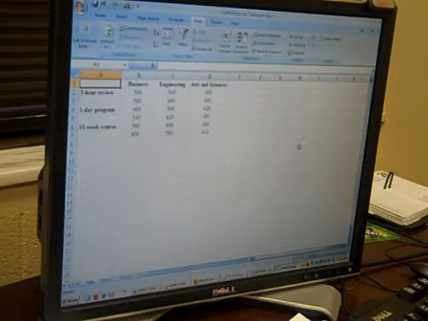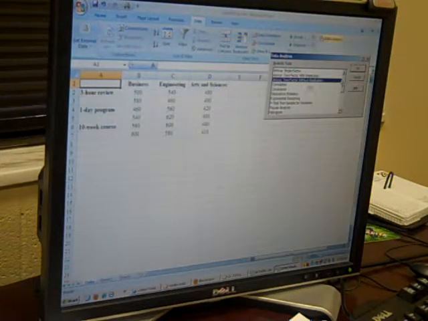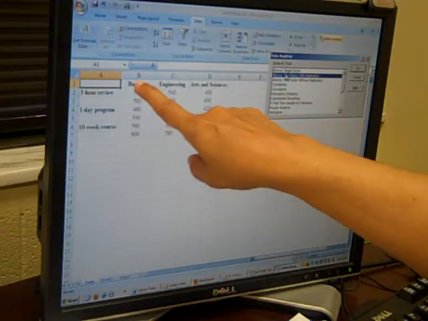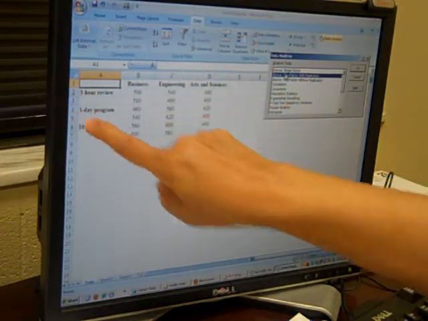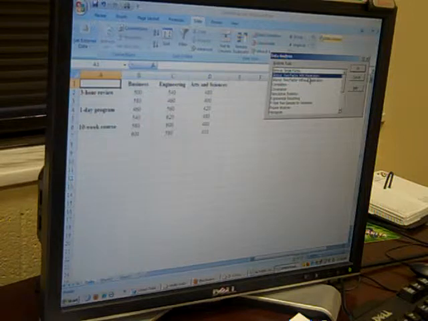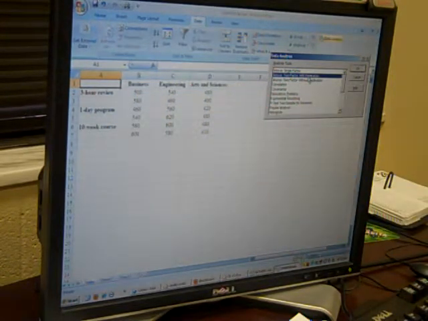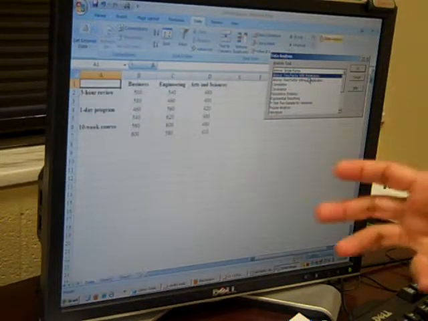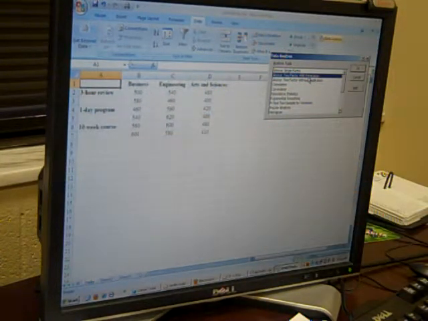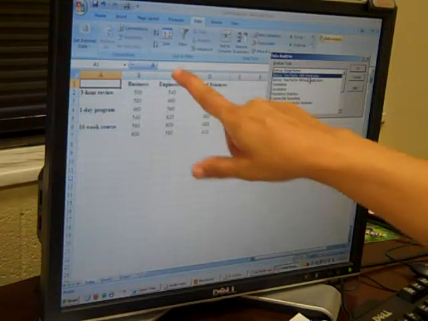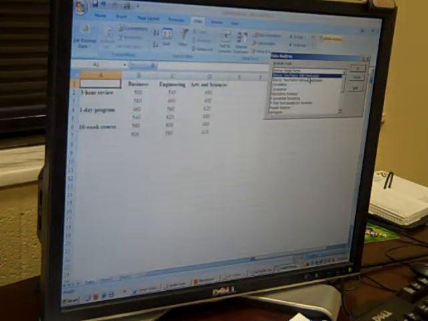Okay, in order to do that, we have to go again to data analysis, and we are going to do again the two factors, because we have two variables, the college and program over here, and we have replication. Replication is because we have more than one sample for each one of the possible matches on these variables.